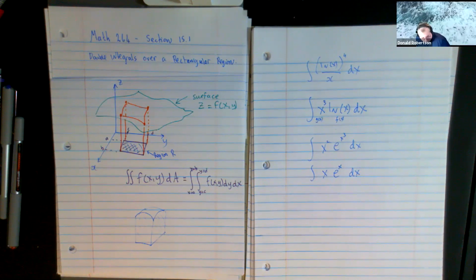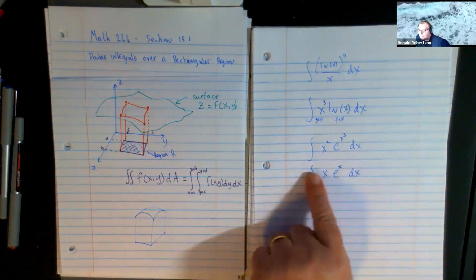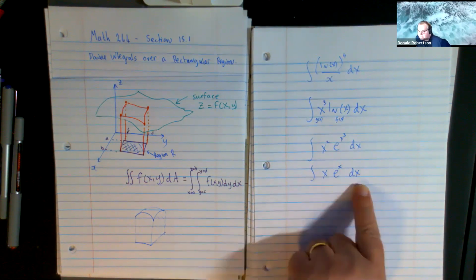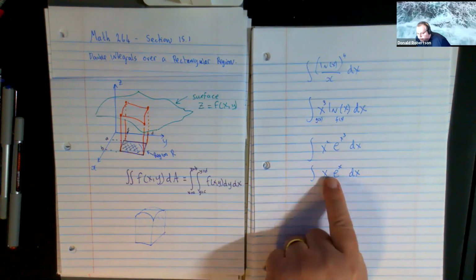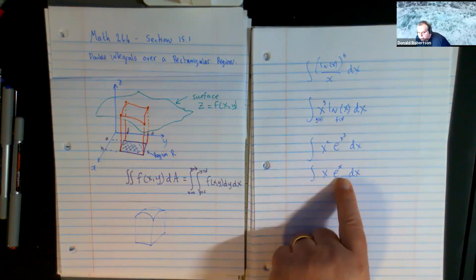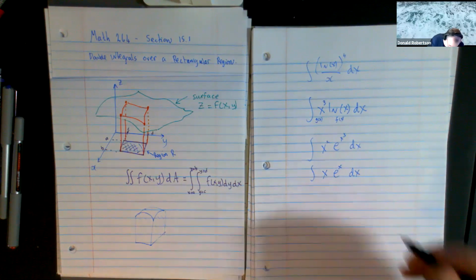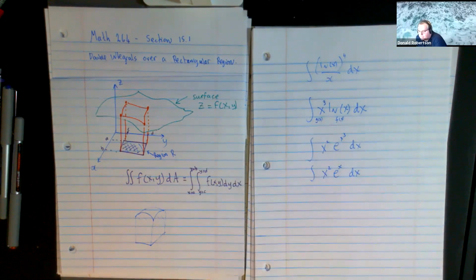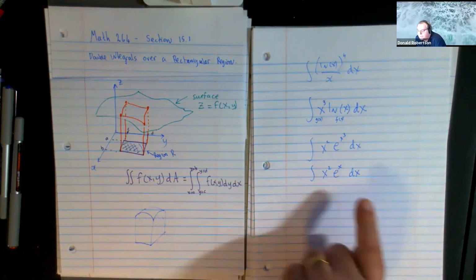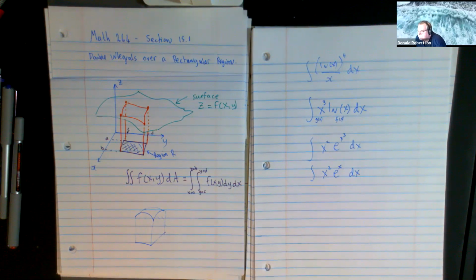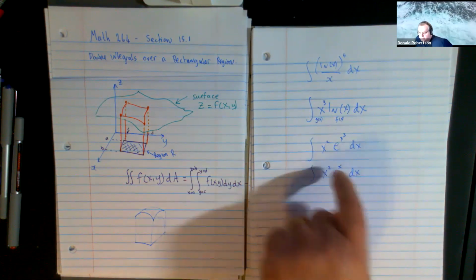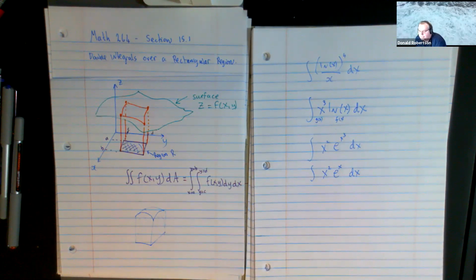Correct. The one underneath it is not a U sub. Agreed? I mean, it's got an x in it, and it's got an e to the x, but it is not a U sub. In fact, I could make that x squared if it helps, because that second one would be an integration by parts. So just because an integral looks very similar to something that you used u sub on doesn't guarantee it.